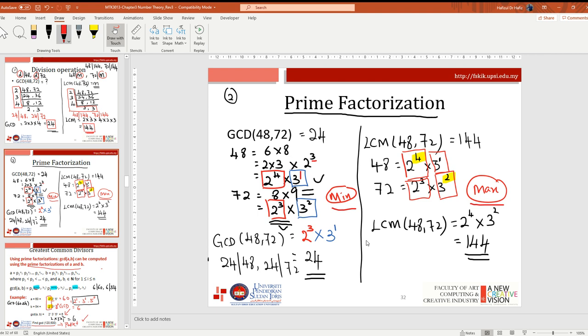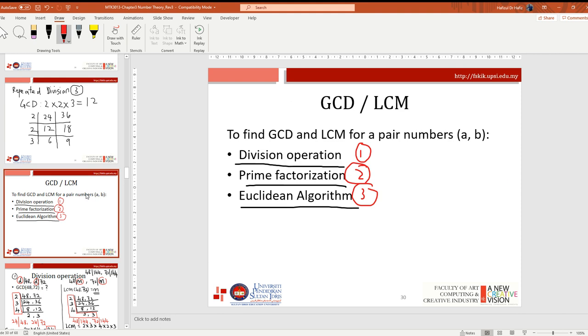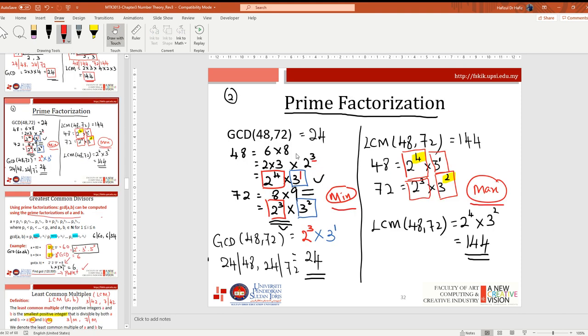Okay, this one is for prime factorization, method number 2. For the GCD, we have 24 and 144. For the GCD, we choose the minimum: 2 power of 3 multiplied by 3 power of 1.